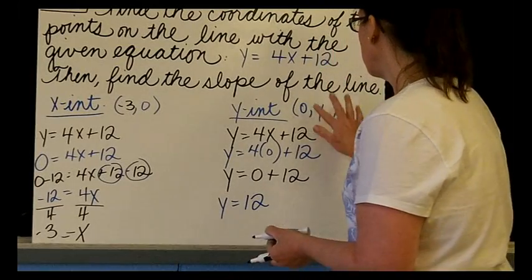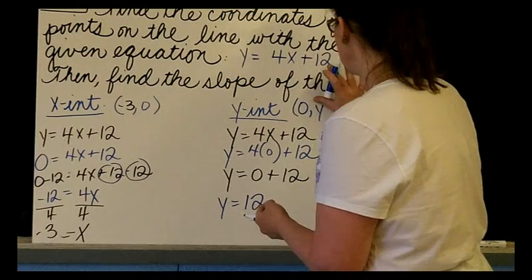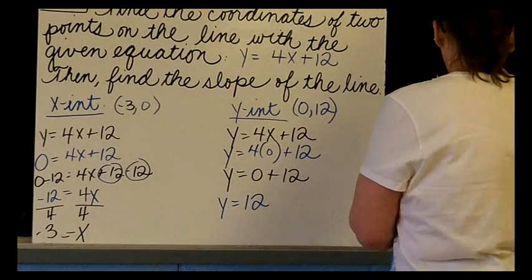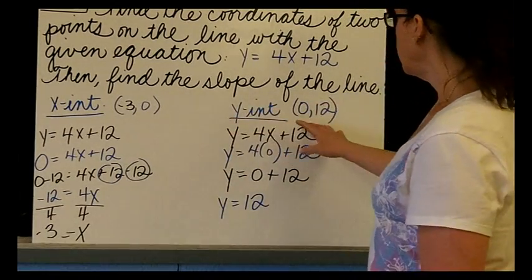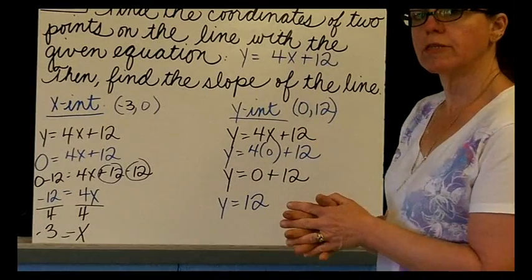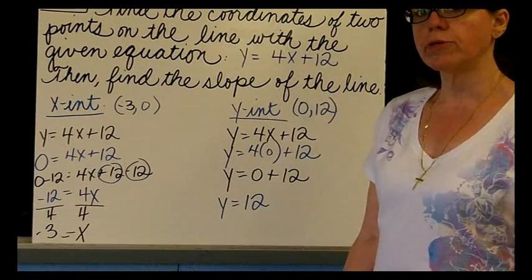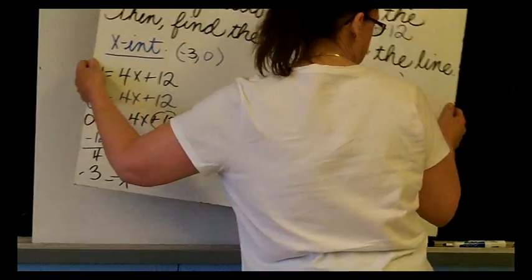And that means that our y-intercept is (0, 12). (Negative 3, 0) and (0, 12) are 2 points that are on the line represented by the equation y equals 4x plus 12. Now that we have our points, finding the slope will be a snap.